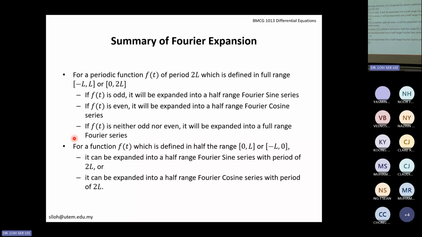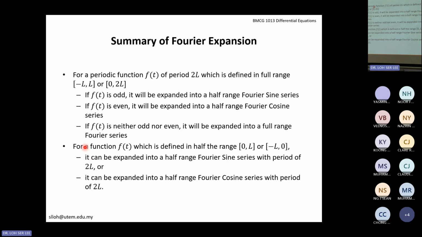And in another situation, if you are given a function which is defined in half the range, 0 to L or from negative L to 0, normally it will be 0 to L, then it can be expanded into Fourier sine series with period of 2L or Fourier cosine series with a period of 2L.